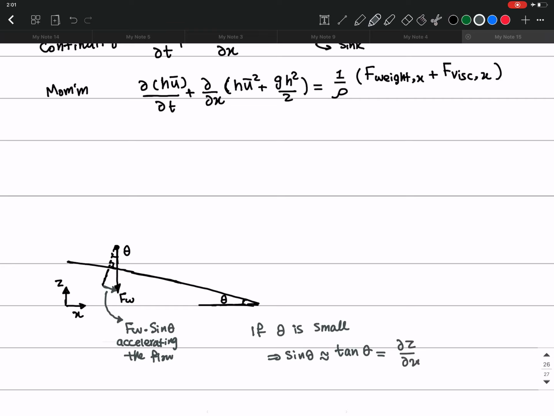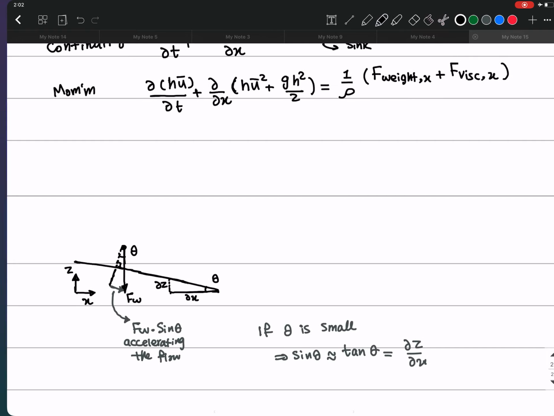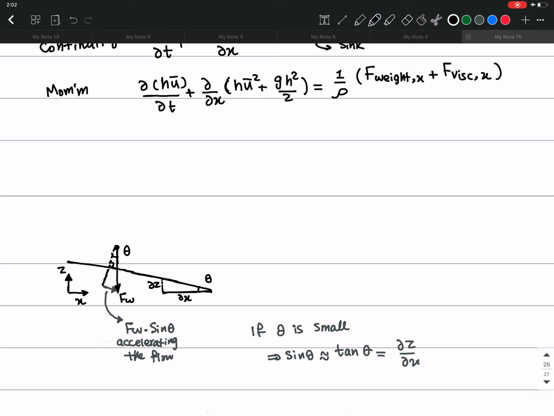So here you have it. Let me maybe bring it here. So this is theta. So this is like partial z. This is partial x, right? So tangent of theta is going to be about partial z over partial x.